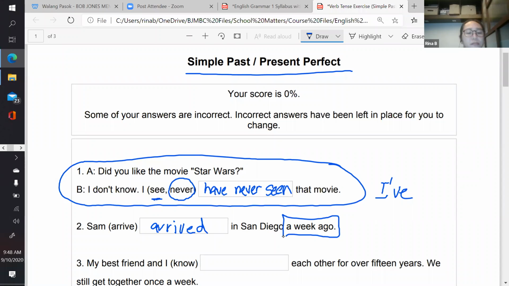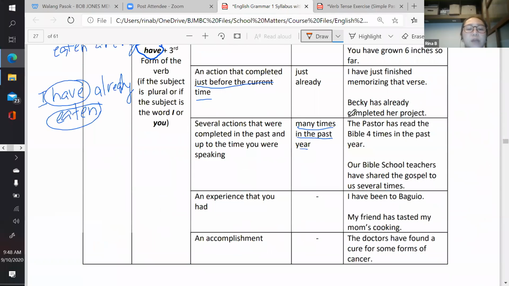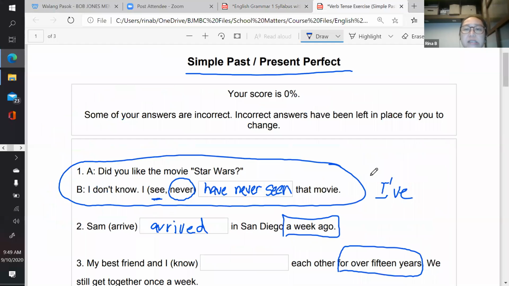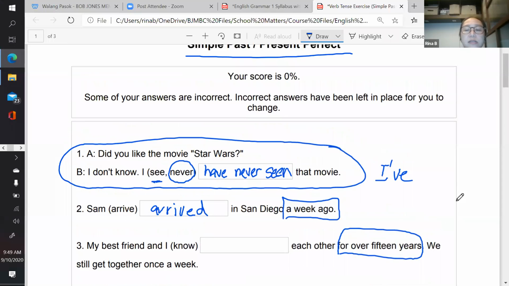Yeah? Next, my best friend and I blank each other for over 15 years. What's your clue? For over 15 years. If we look at our messy syllabus, yeah, here, several actions completed in the past up to the time that you're speaking. That's the instance being shown in this example or in this context, no?